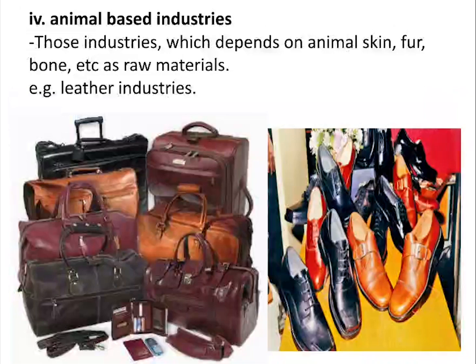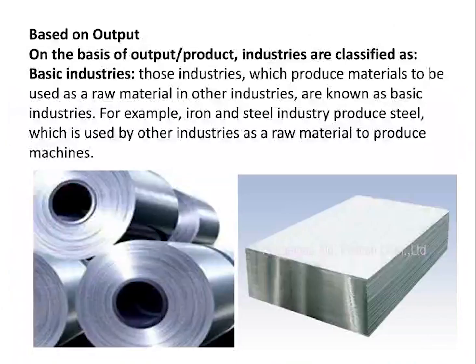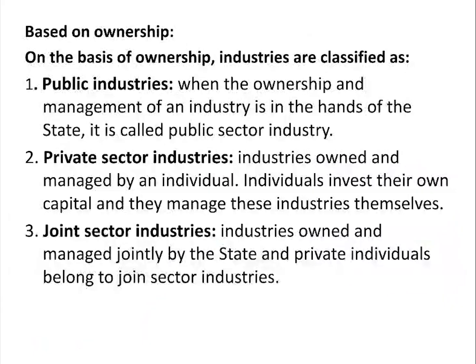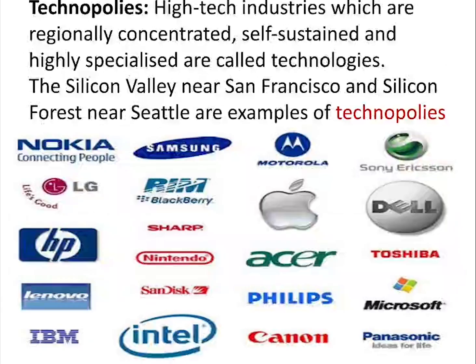Based on output, industries are classified into 2: basic industries and consumer goods industry. Based on ownership, industries are classified into public industries, private industries, and joint sector industries.